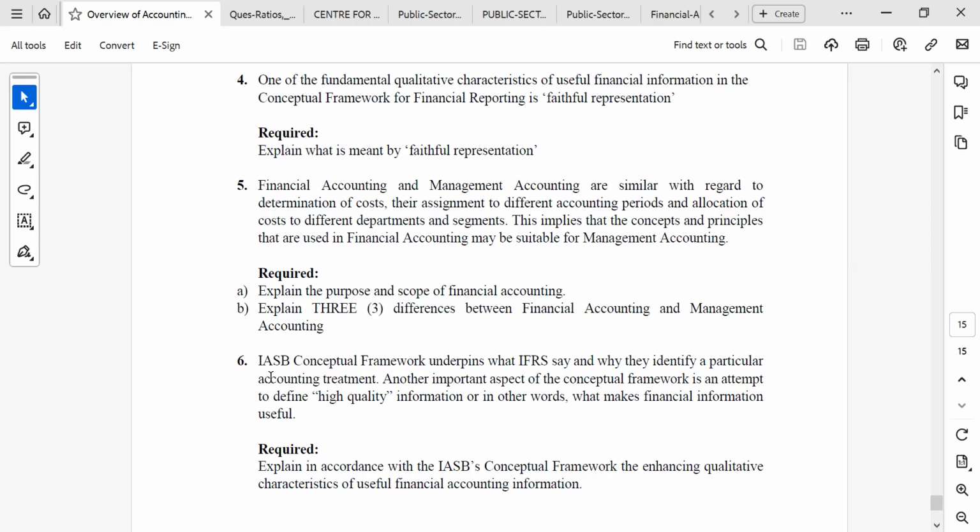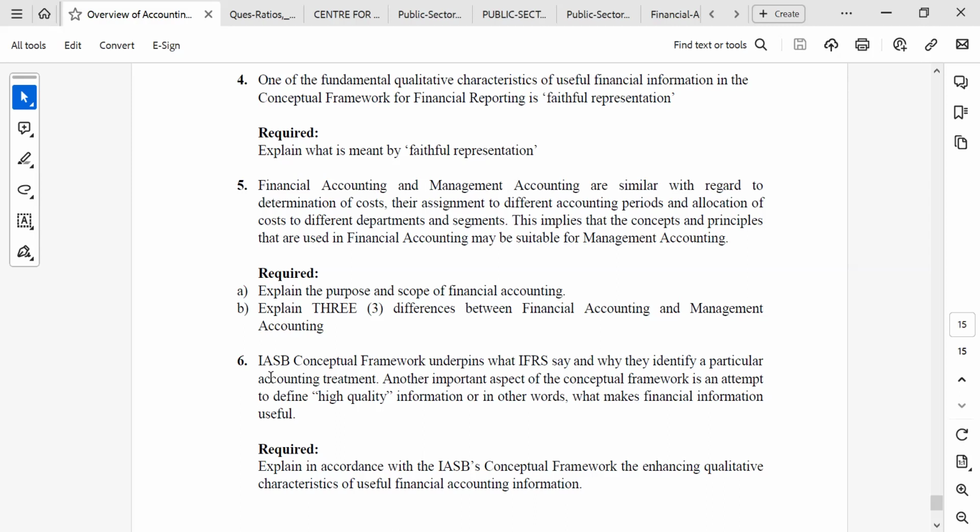Okay, so the enhancing qualitative characteristics differentiate a more useful information from a less useful information. But with the fundamental, it's like differentiating what is useful from what is not useful.